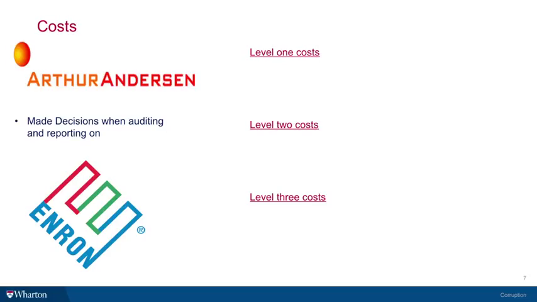So we're going to parse what happened to Arthur Andersen in terms of level 1 costs, level 2 costs, and level 3 costs. Now recall that level 1 costs are the easiest to quantify and the easiest to predict. It's easy for us to say, well, if you do this, if you're caught, if you're prosecuted, you'll probably be fined this much.